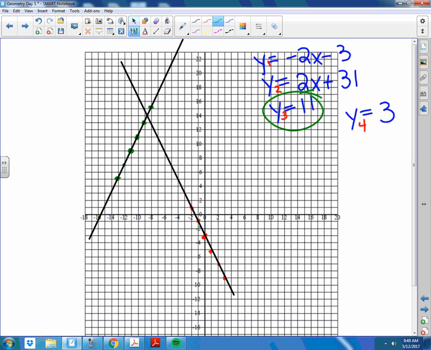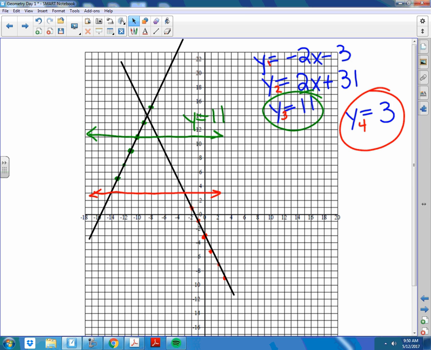I told you you're going to have to remember that. It is a horizontal line at 11. That is the line y equals 11. And how do I graph the line y equals 3? Same thing at 3. So it's another horizontal line at 3.